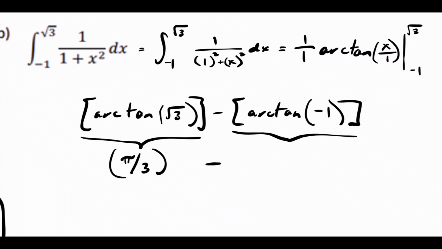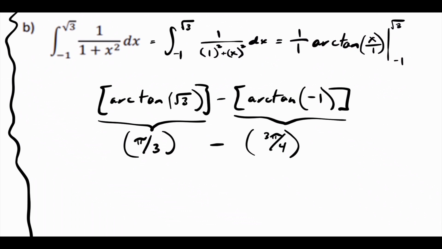Minus. And then where is tangent negative 1? What is it? 3 pi over 4. Okay. We're going to need a common denominator.